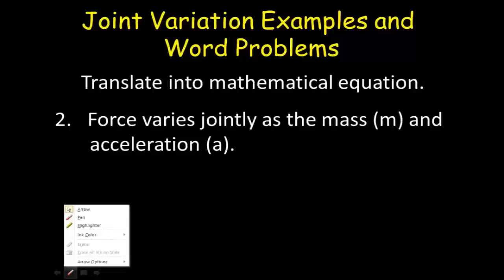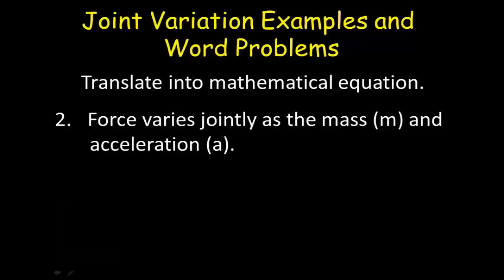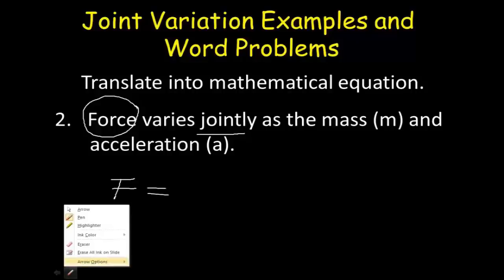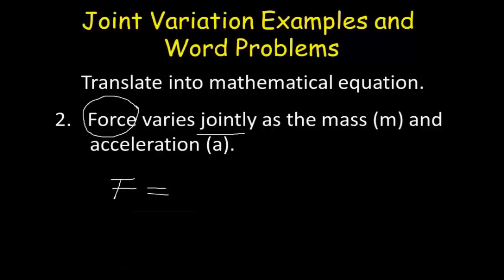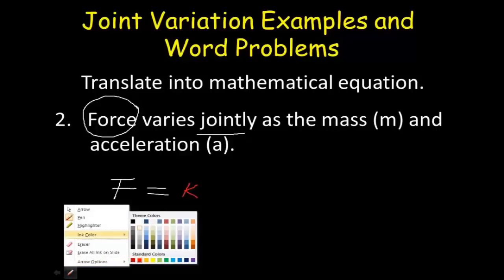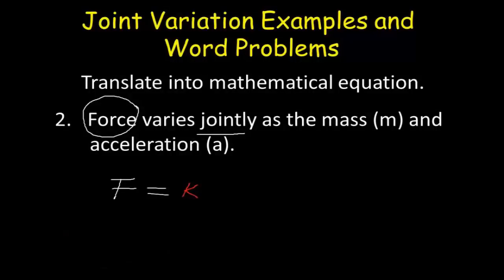Problem number 2. Force varies jointly as the mass m and acceleration. Our variable on the left side will be the force, since it is the one that varies jointly with the mass and acceleration. Force is represented by letter F, equals, do not forget the constant of variation, that is letter K, and multiply K by the variables that vary with force.